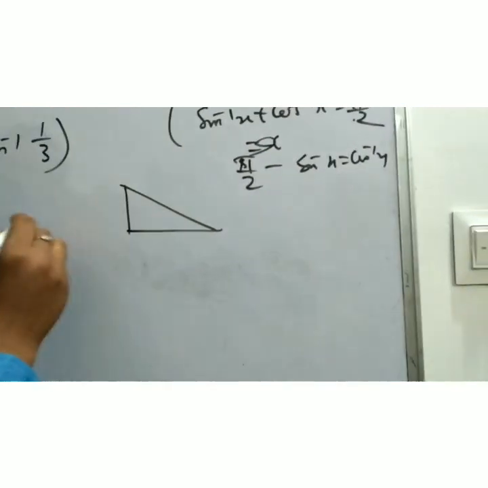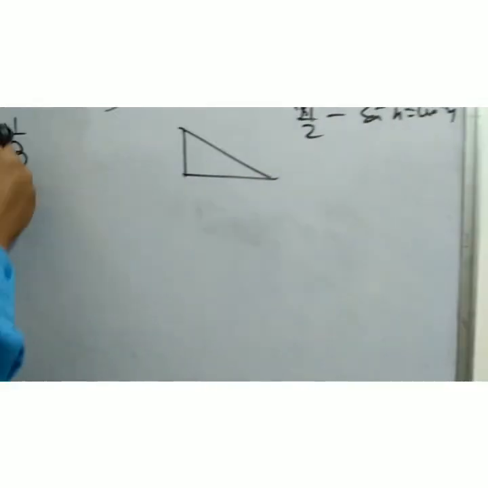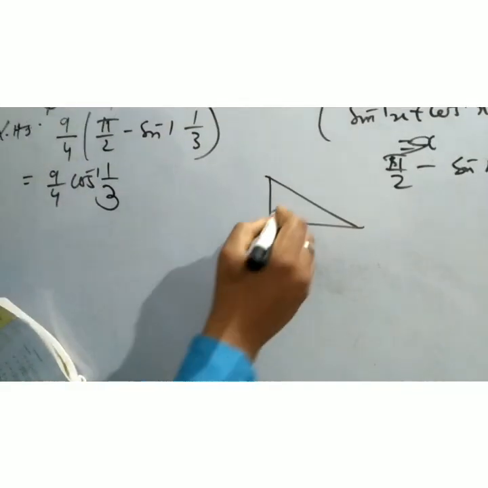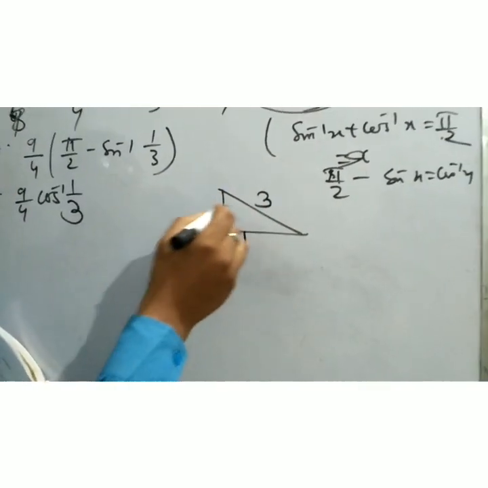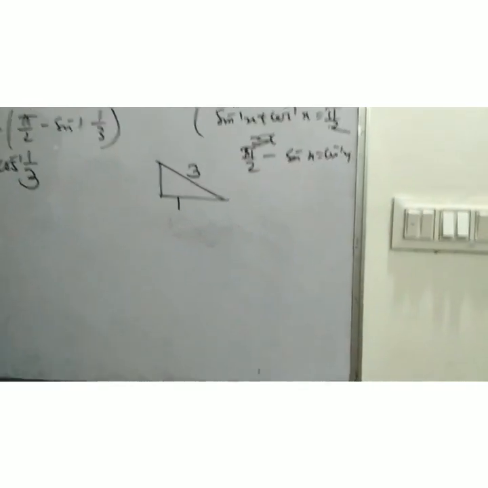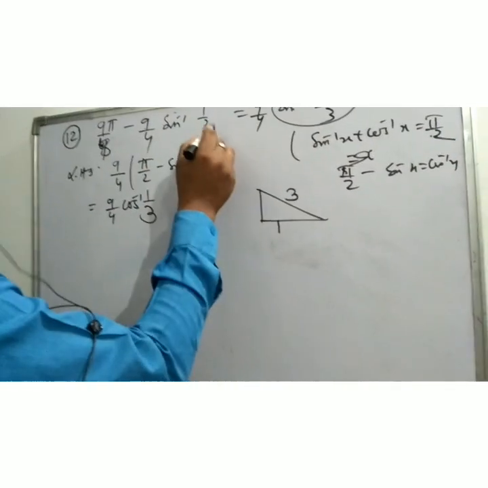Let cos inverse 1 by 3 be equal to theta, so cos theta is 1 by 3.